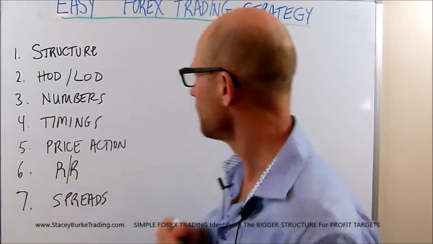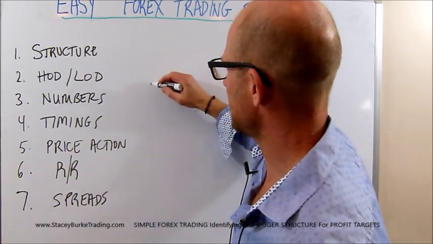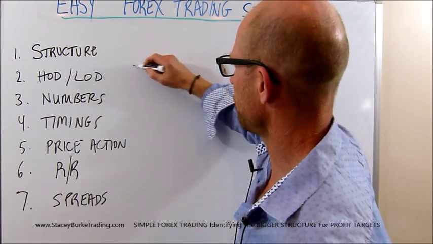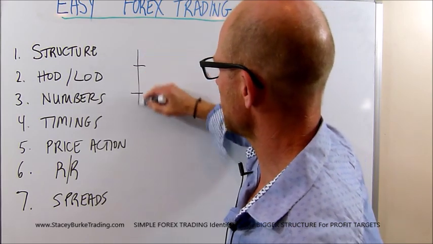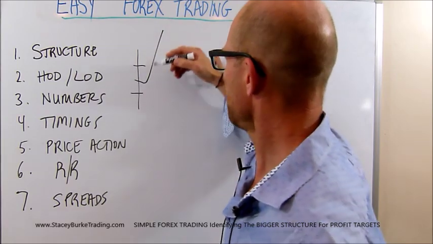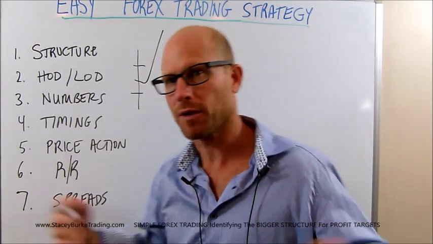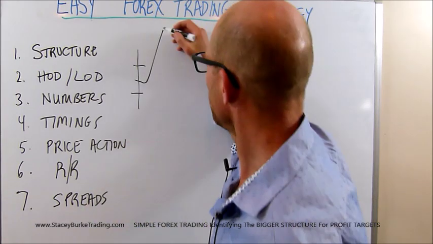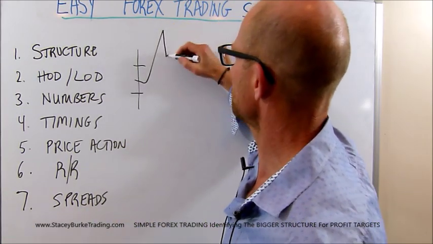So basically, when we talk about structure, the market is going to give us a high and a low at some point. Now, we'll look at a couple of examples, but let's take an example of where the market in Asia, we've got a close from one session, the market comes in and all of a sudden takes off and goes up 100, 200, 300 pips, and we think, oh, this is crazy, we've missed the move, and then it comes down 150 pips.